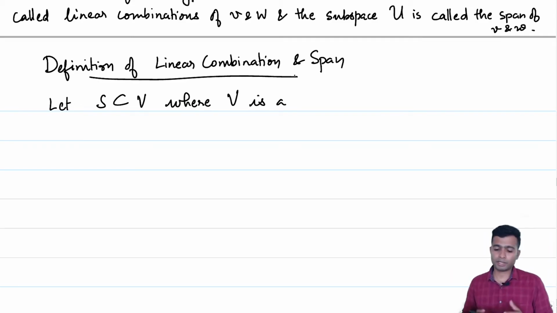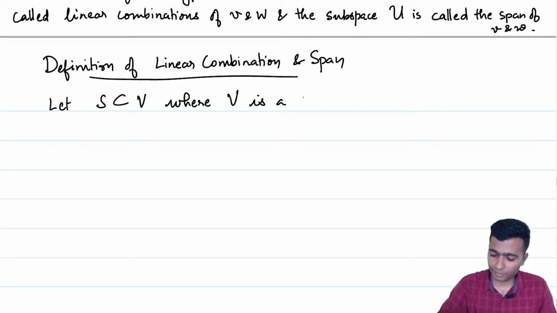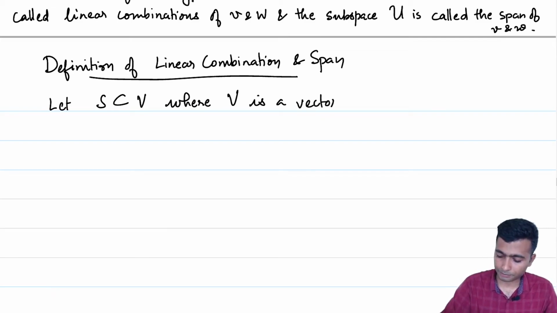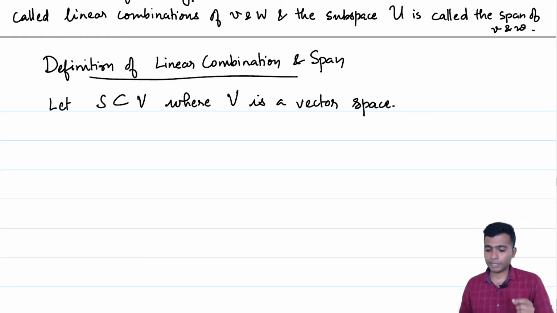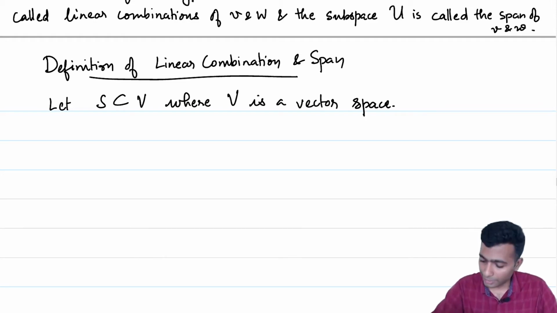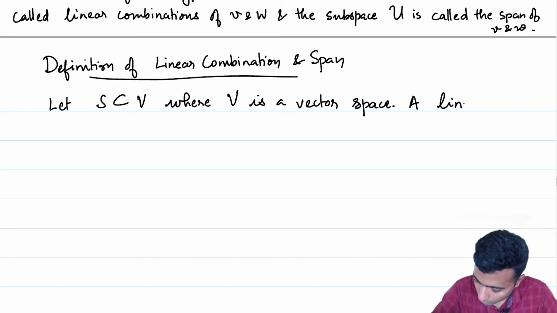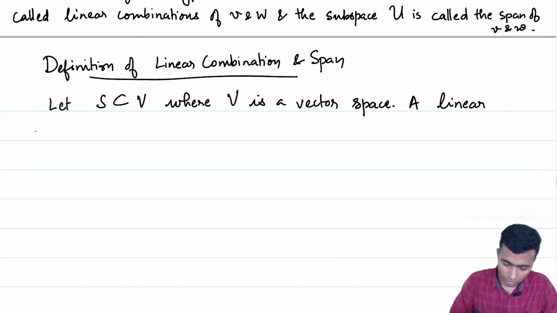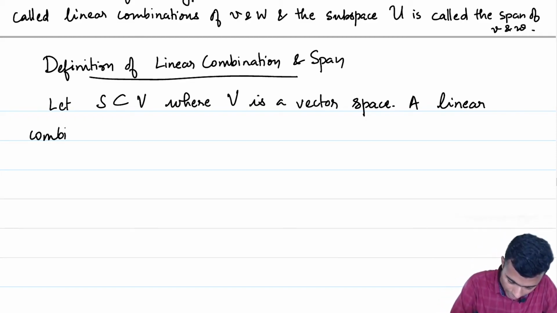So let S be a subset of V where V is a vector space. A linear combination in S is an element of the type. So notice the language that is being used.